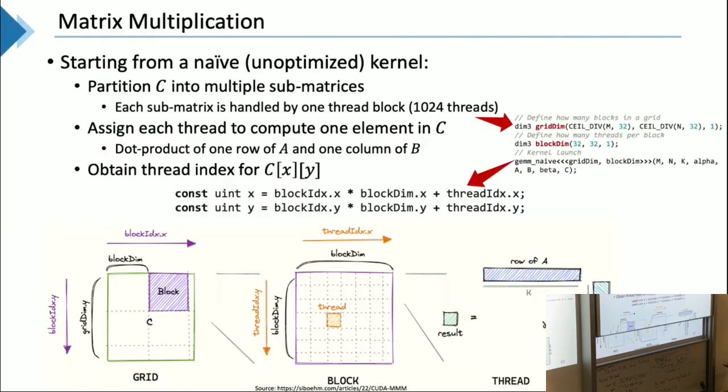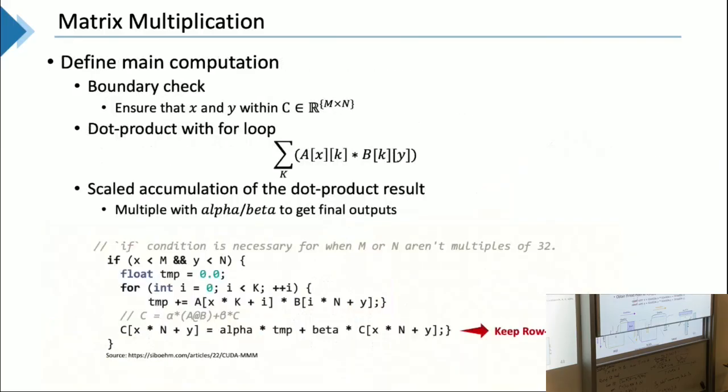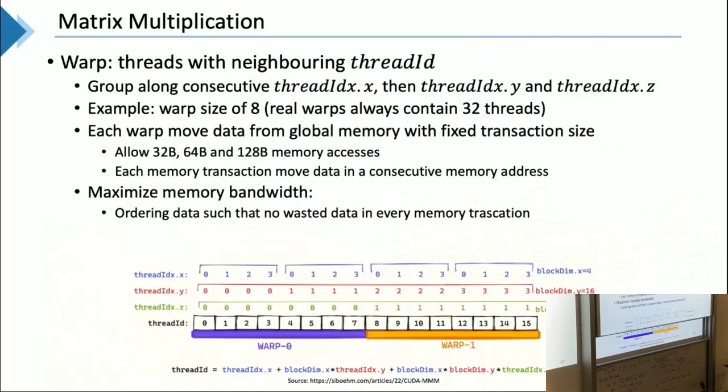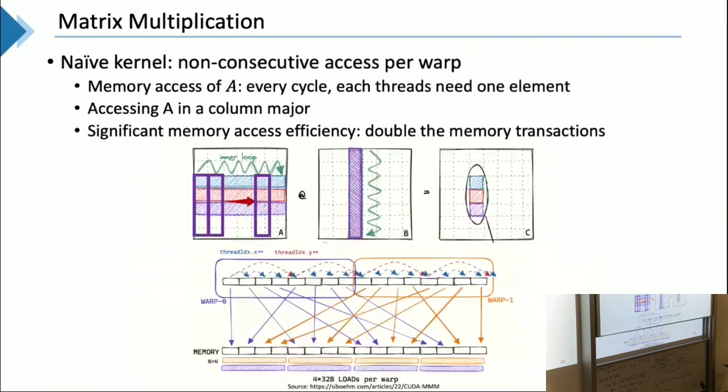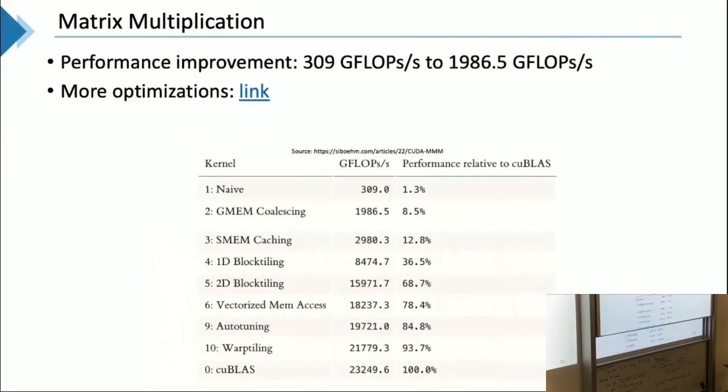The reason we use this block size trick is because it enables more optimization later, which we don't have time to cover in today's lecture, but I strongly recommend that you read this link if you have time. It gives you step-by-step optimization from this naive kernel to enhancements with memory coalescing, shared memory caching, 1D block tiling, and 2D block tiling.